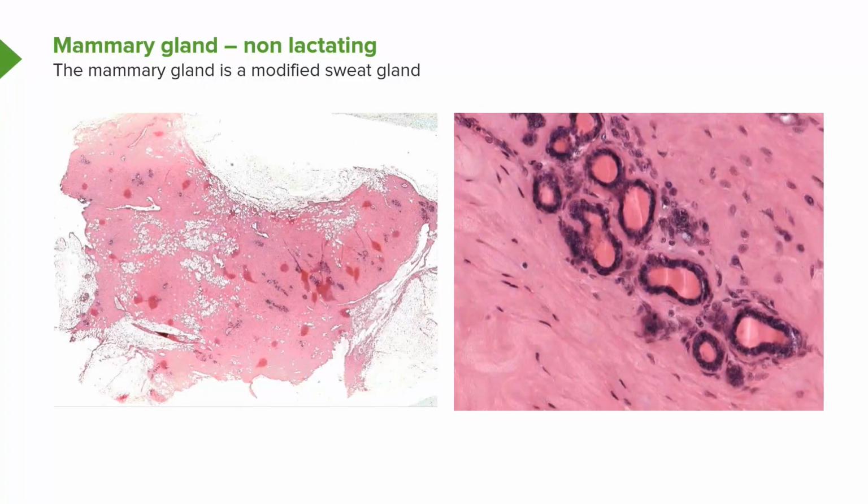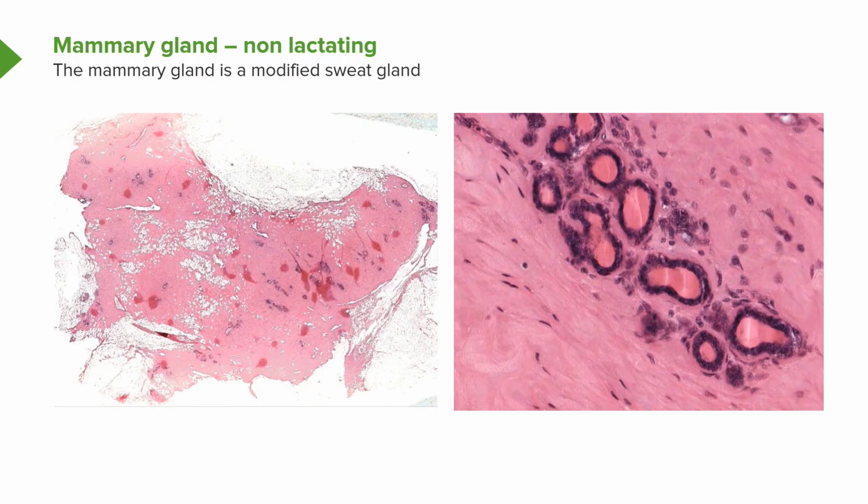The mammary gland is a modified apocrine sweat gland. In fact, it really is a number of individual apocrine sweat glands. You see two sections here of the non-lactating mammary gland.